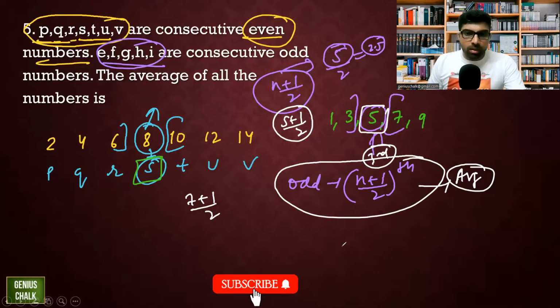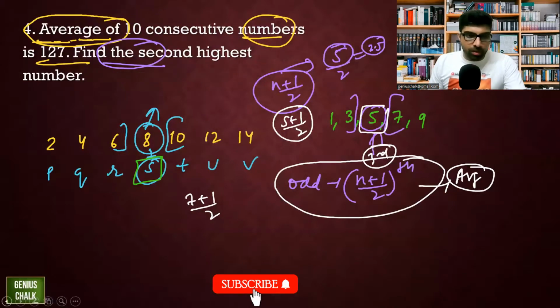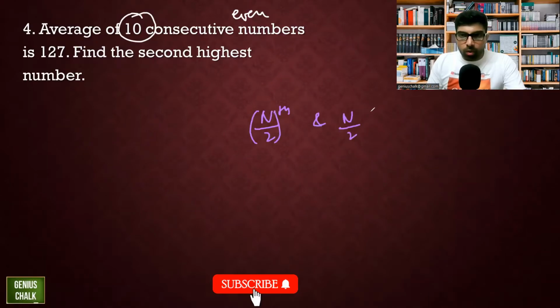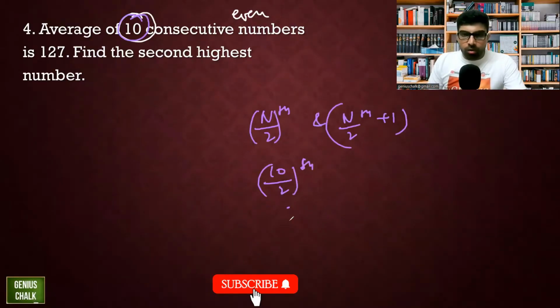If the total number of things is even, like we have discussed in the previous sessions, like this 10 consecutive, I said this is even. So if this is 10, the average will always be found by the n by 2th observation and n by 2 plus 1. So what is n here? 10. So 10 by 2th, that means the 5th observation, and the 5th plus 1 more, that is the 6th observation.